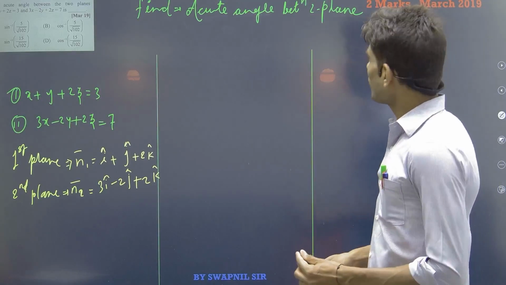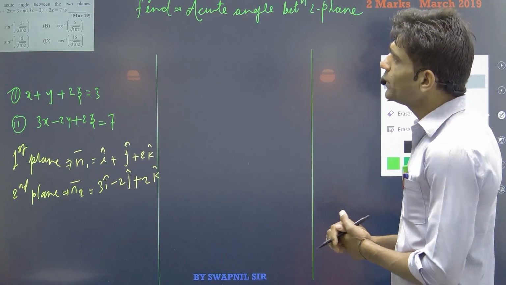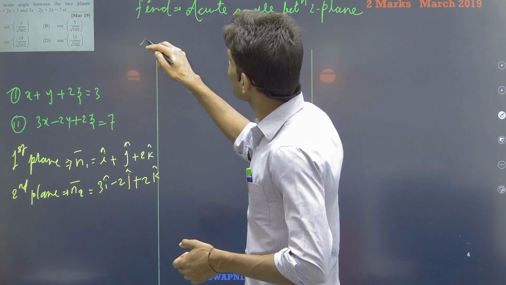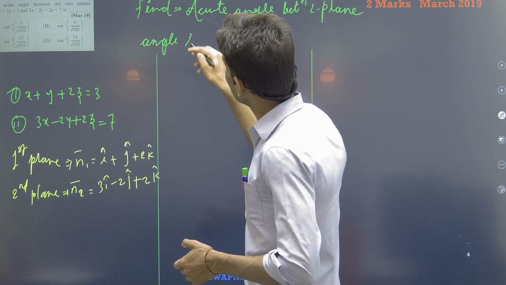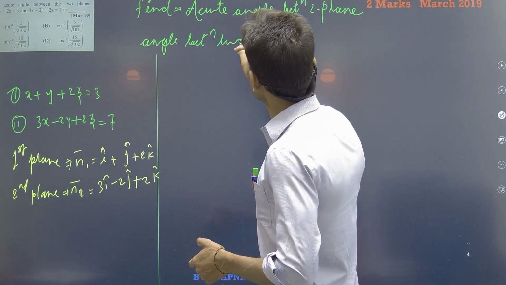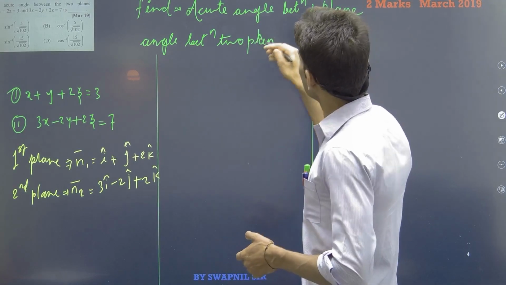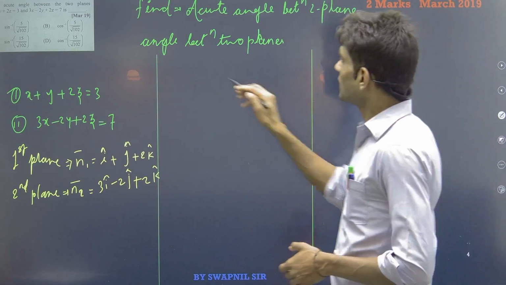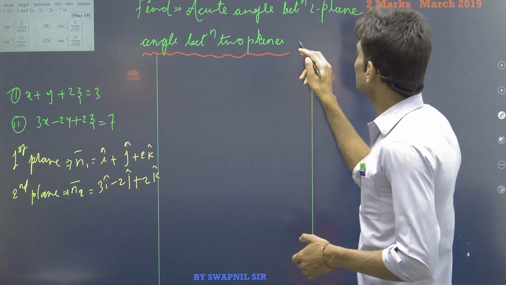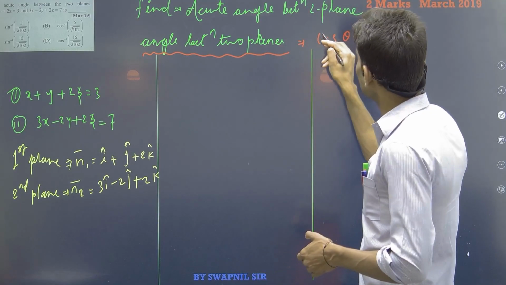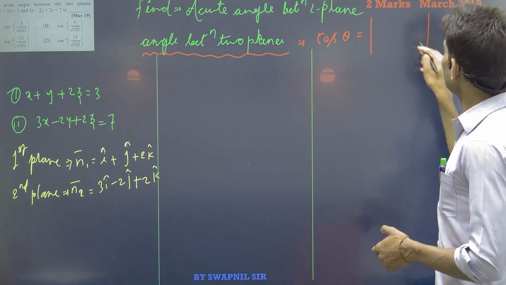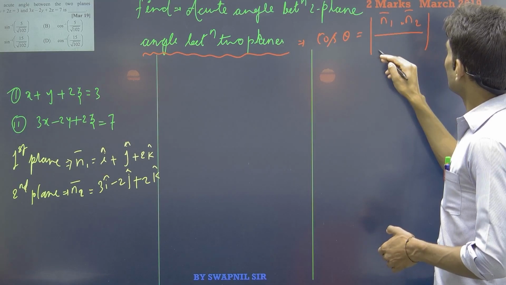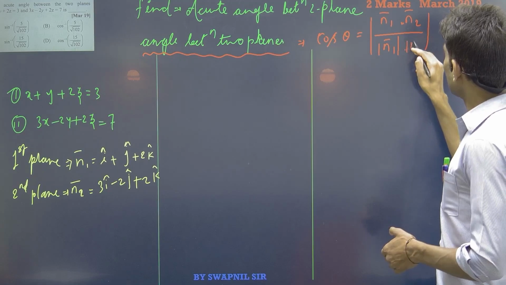Now for finding the value of the angle between two planes, we write cos theta as the modulus of n1 bar dot n2 bar, divided by the modulus of n1 bar times the modulus of n2 bar.